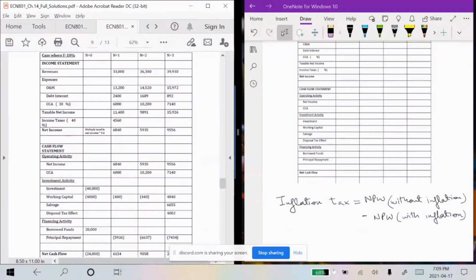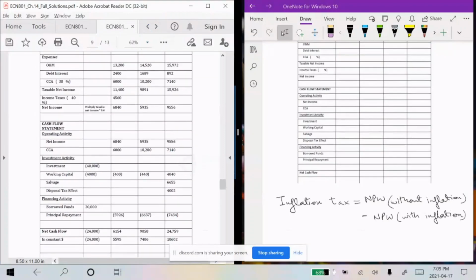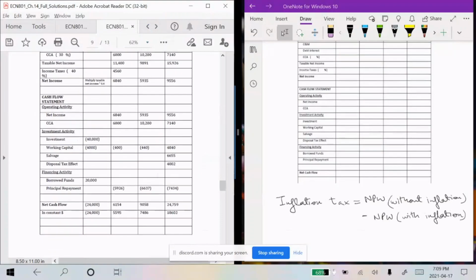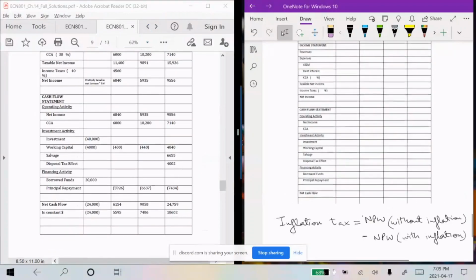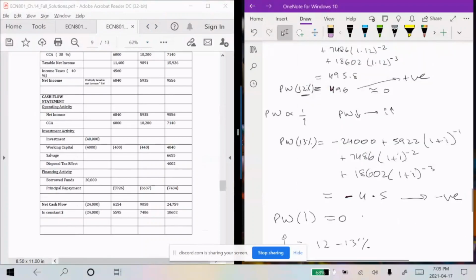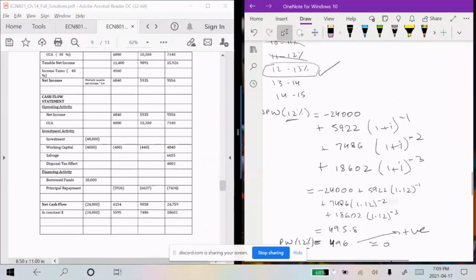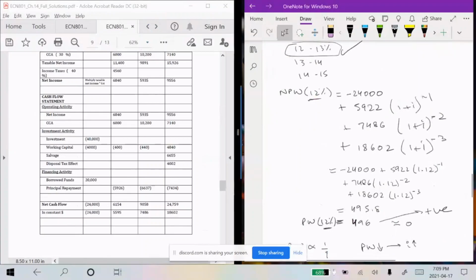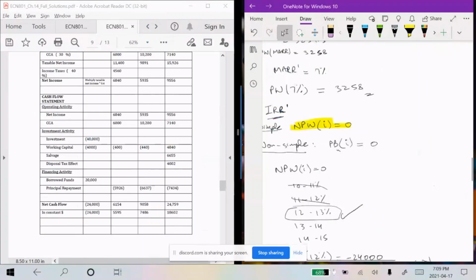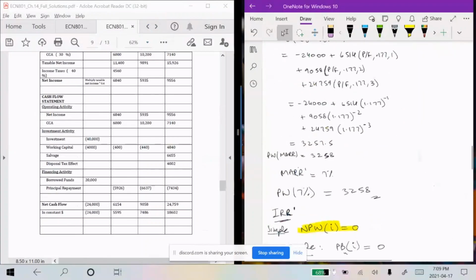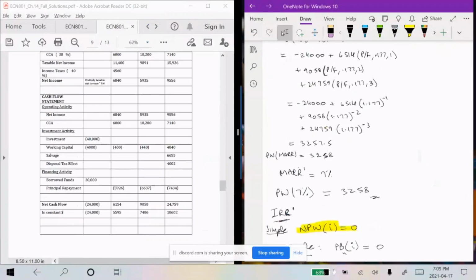This was the case where f was 10%, inflation rate was 10%. We got this entire table, right? We did all this, find the present worth. Present worth is what we found here. This one. Using the MARR, net present worth was 3258.